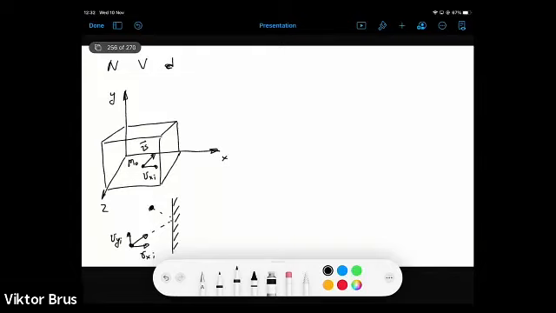Then we have this molecule already reflected from the wall of the container, and this is its velocity vector. And here we have projections Vxi and Vyi.